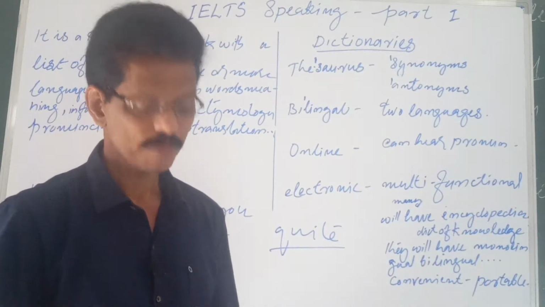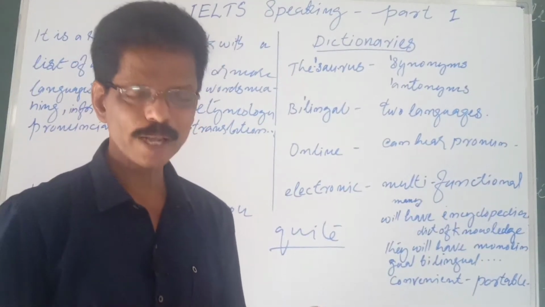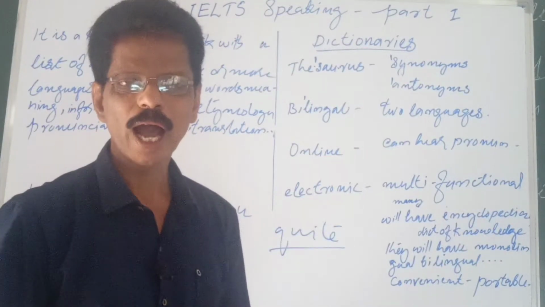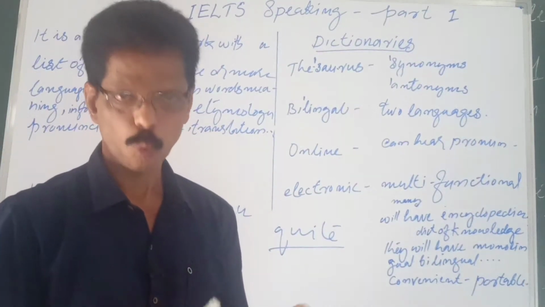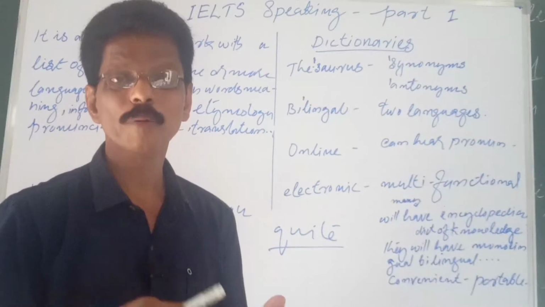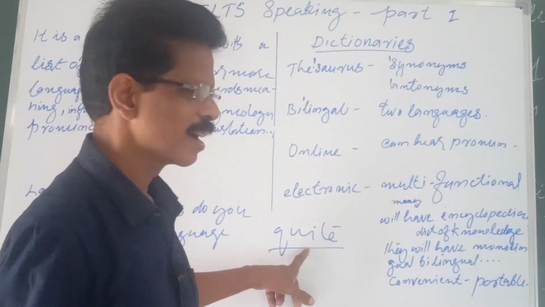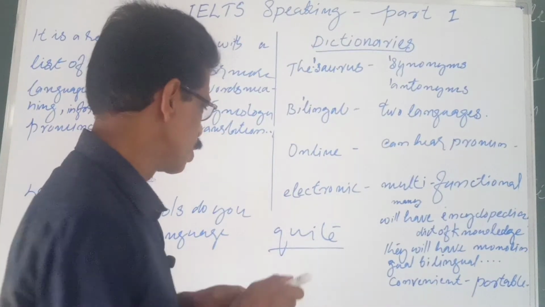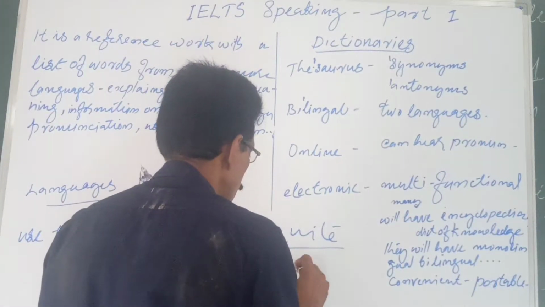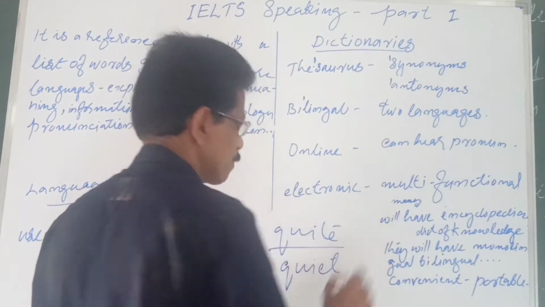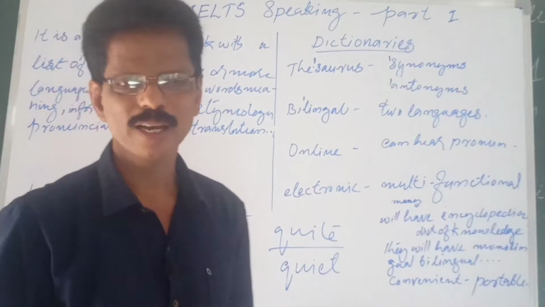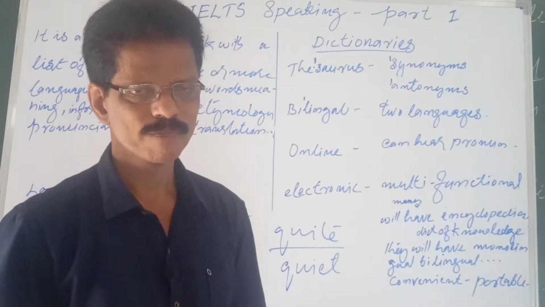So words are monosyllabic, disyllabic, trisyllabic, and polysyllabic, which means one syllable, two, three, or many. Di means two. Take for example, Q-U-I-E-T. How do you pronounce it? Keep quiet.